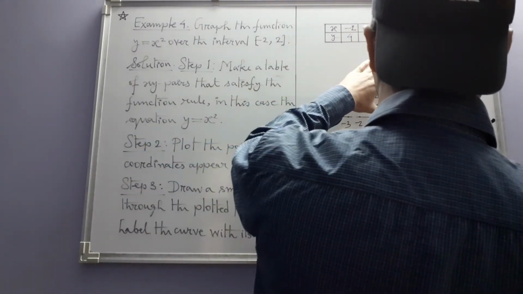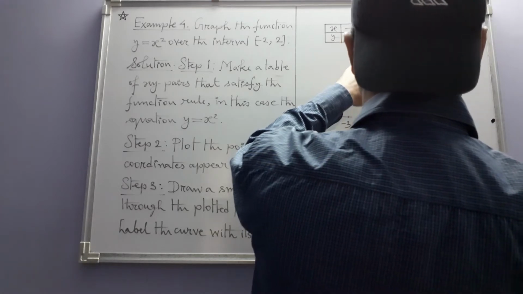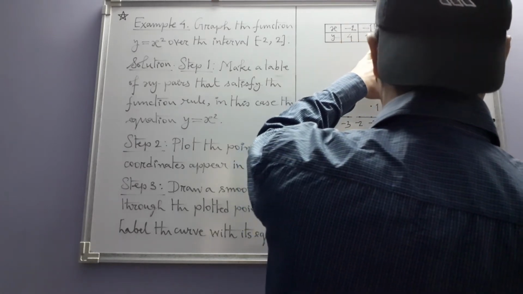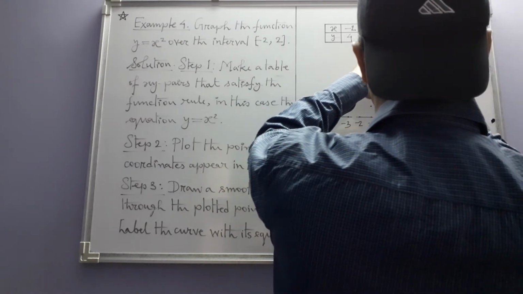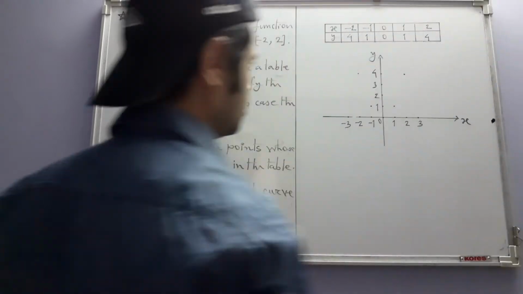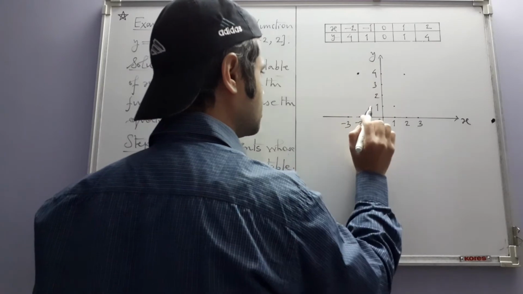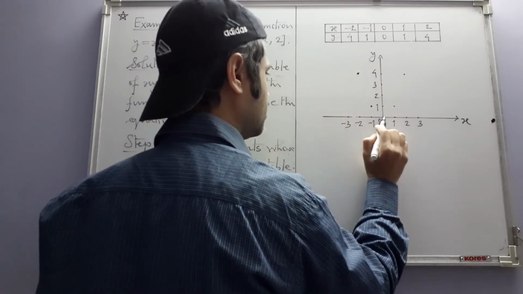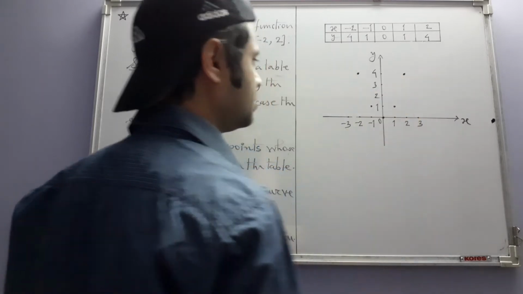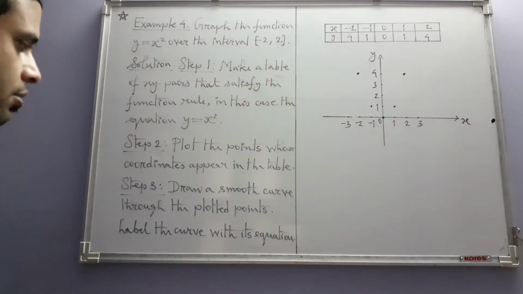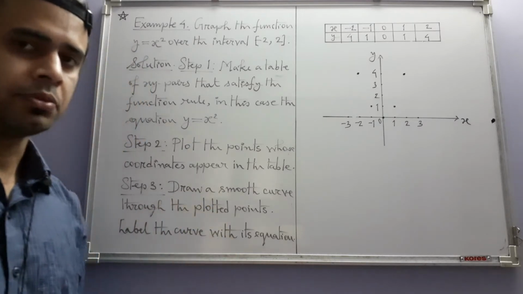Then when x is 1, y is 1, and finally when x is 2, y is 4. Okay, so these are the plotted points. This is one point, this is another, this one is another, this one is another, and finally we have this one. Now draw a smooth curve through the plotted points.